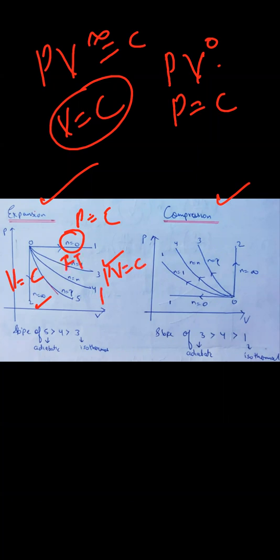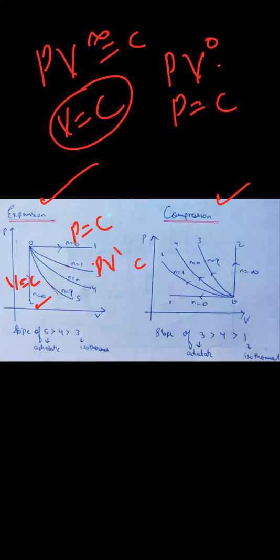N equals n, this is a polytropic process. And the next, n equal to gamma means adiabatic process. So the main processes which you are seeing here: this is pressure equal to constant, this is volume equal to constant, this is what you call isothermal, and then this one is polytropic, and this one is adiabatic.